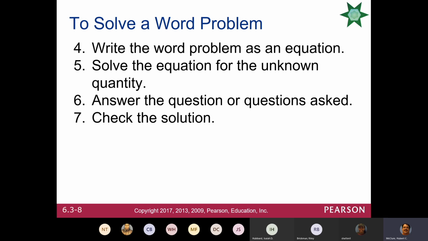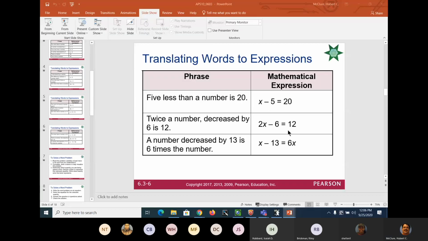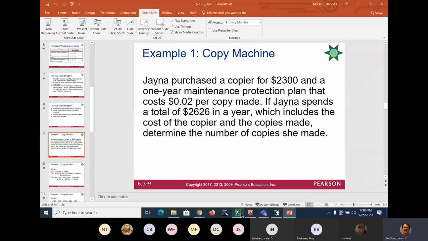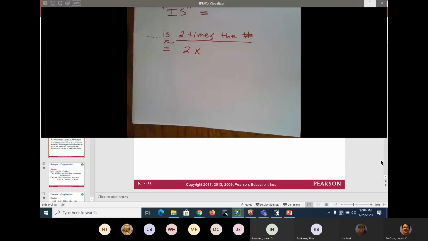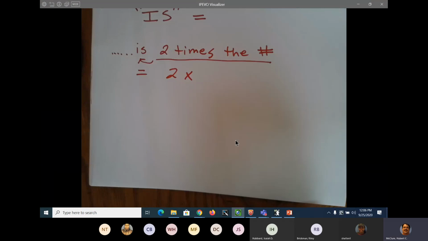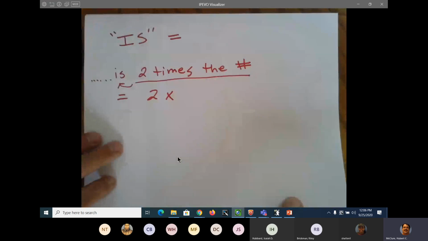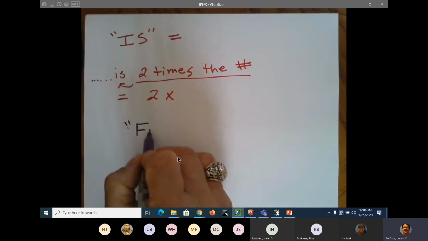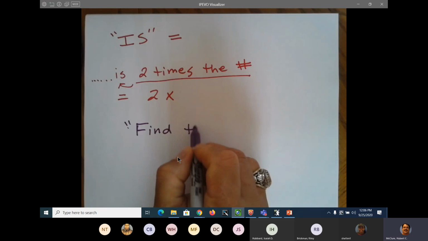I tell students, I'm not going to do all that. I tell students to find the is. I know that doesn't sound good, but I tell students to find the is.